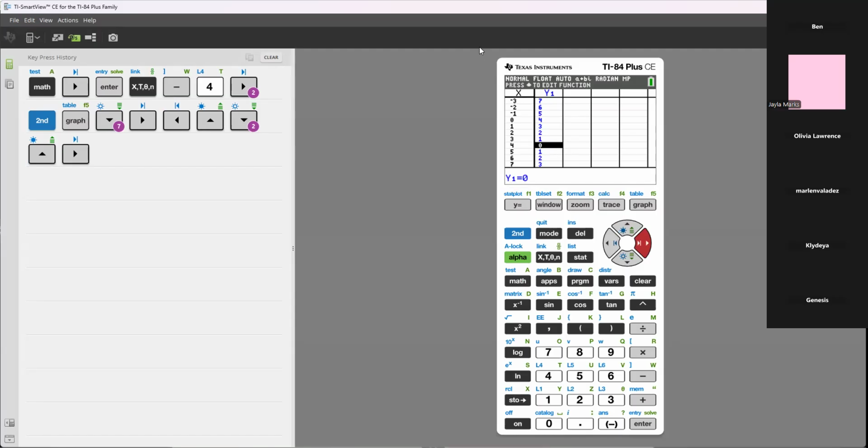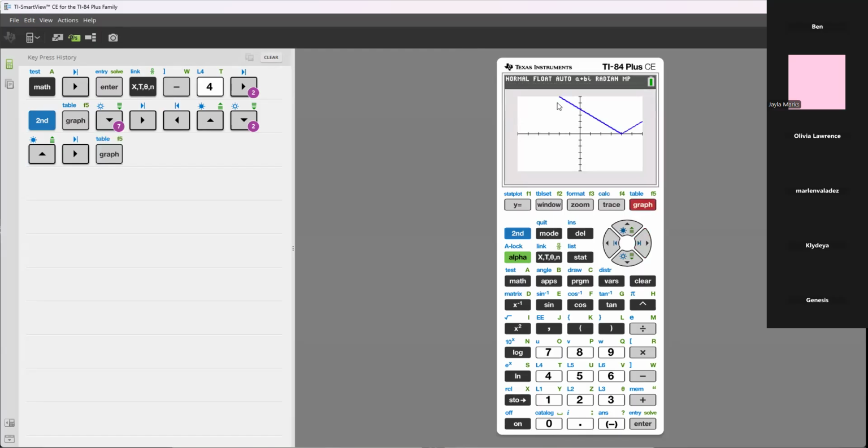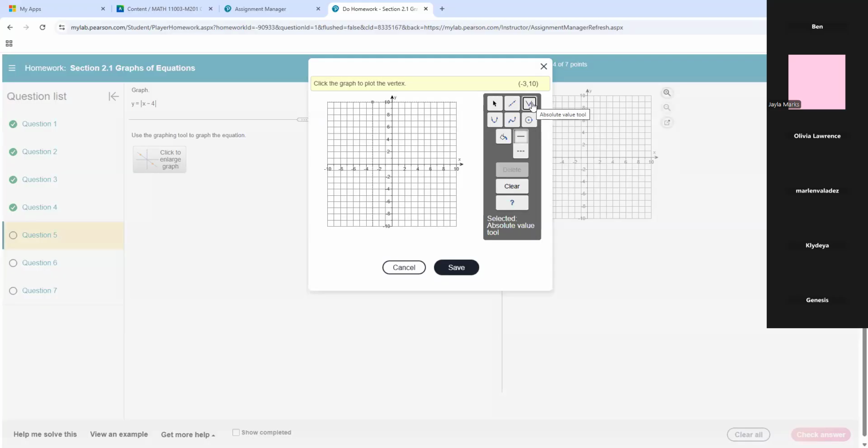Now let me show you what would happen. Let's look at the graph. That graph comes down, the left side touches the x-axis at 4, and then it goes uphill. Now, going to Math Lab, we've got our V-shaped tool clicked. My first point was 4, 0.